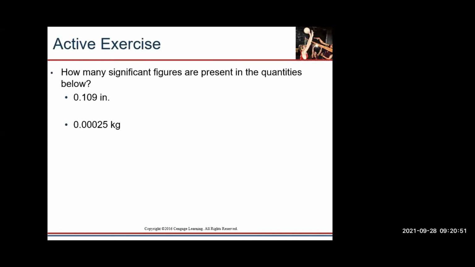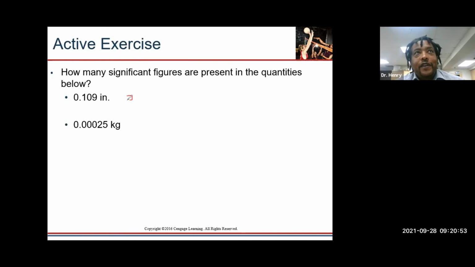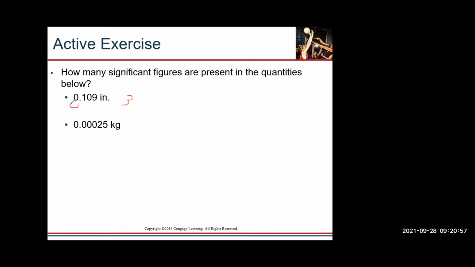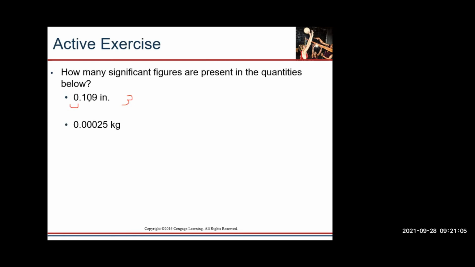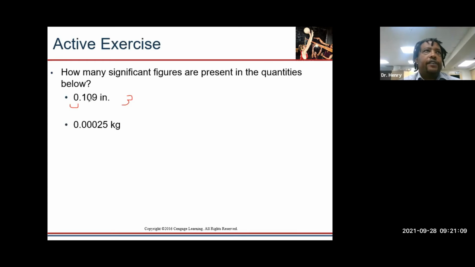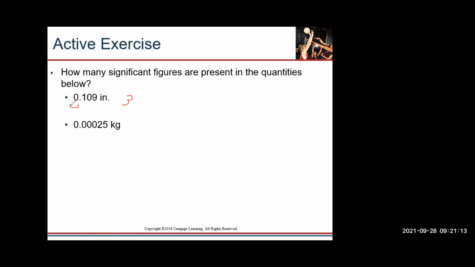Okay, so the correct answer is 3, because this one is just acting as a placeholder, and all 3 of these numbers are significant. The 0 in the middle is significant because it's captured between the 2. So it's a trapped zero. Always, trapped zeros count as significant. Those leading zeros don't count as significant.